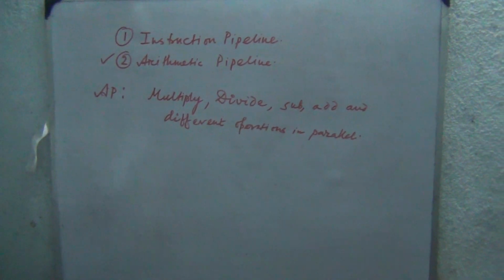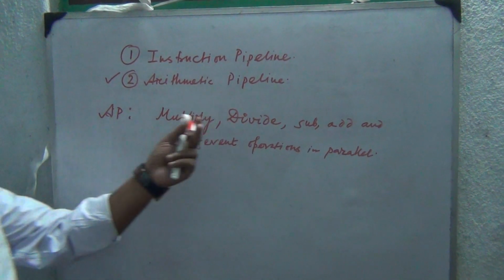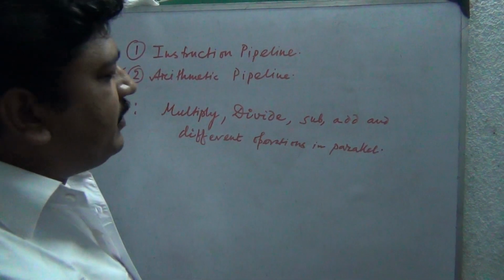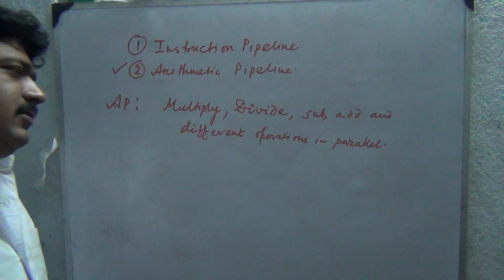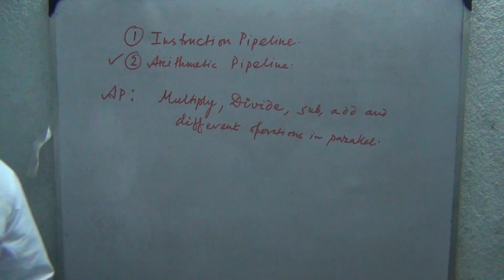So whatever we are getting in the arithmetic pipeline, we can design the addition, division, subtraction and different kinds of operations in a parallel way. So now what is the way to do this operation?